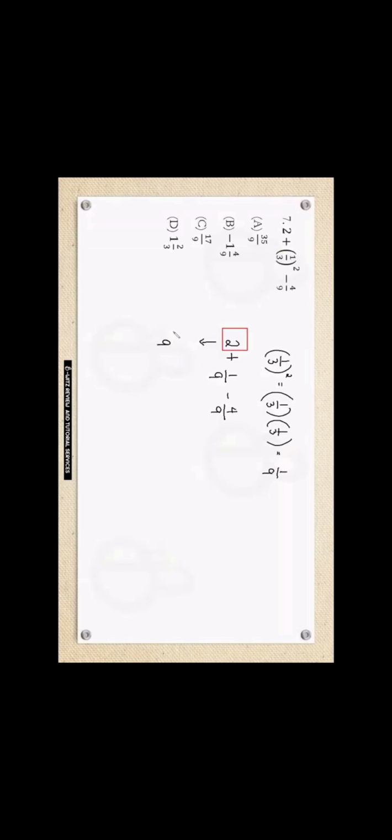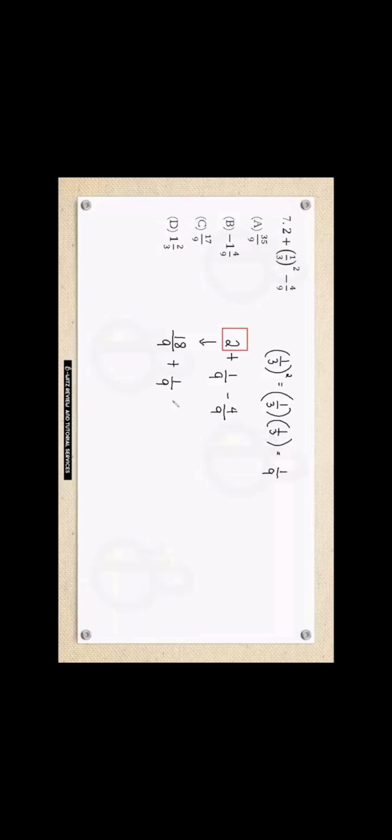If the denominator is 9, then what should be the numerator to make it, when we divide it by 9, equal to 2? So that must be 18, since 18 divided by 9 will be equal to 2.